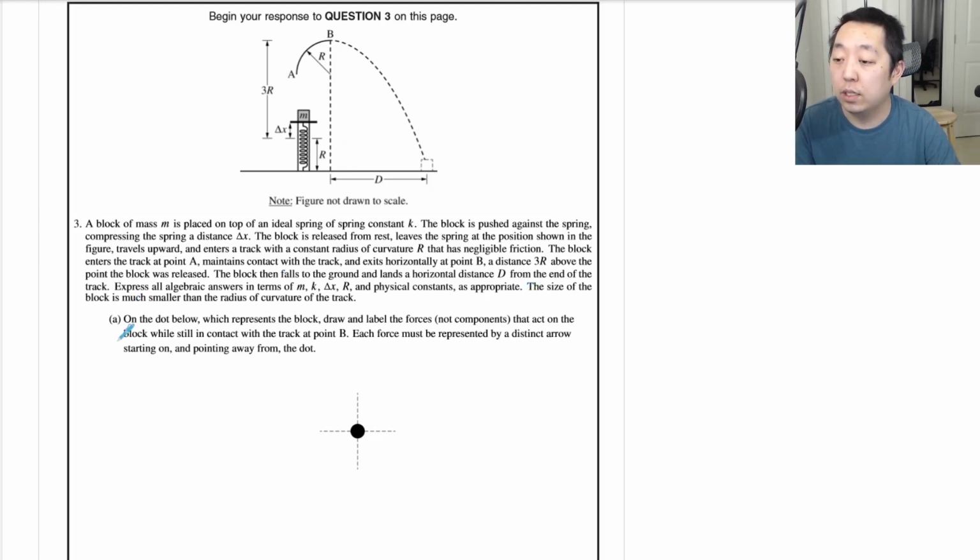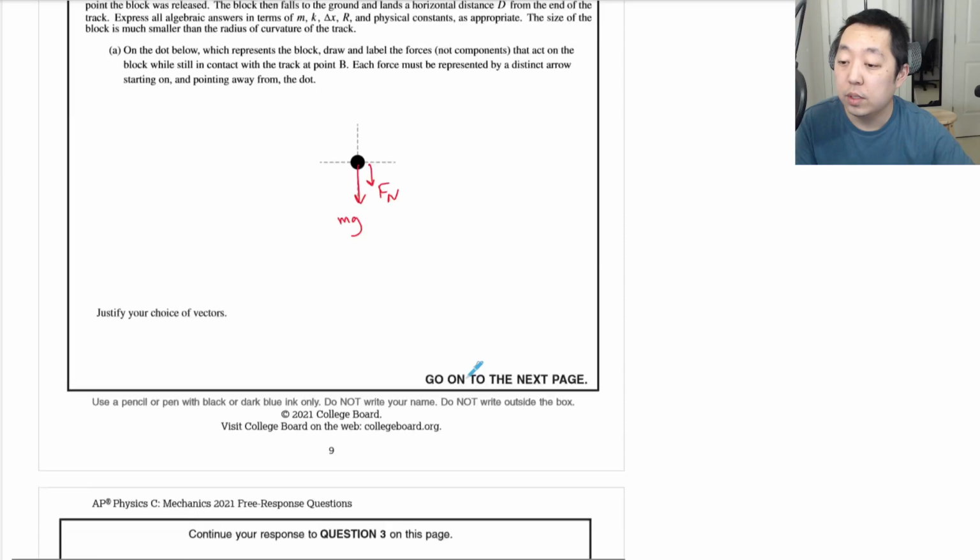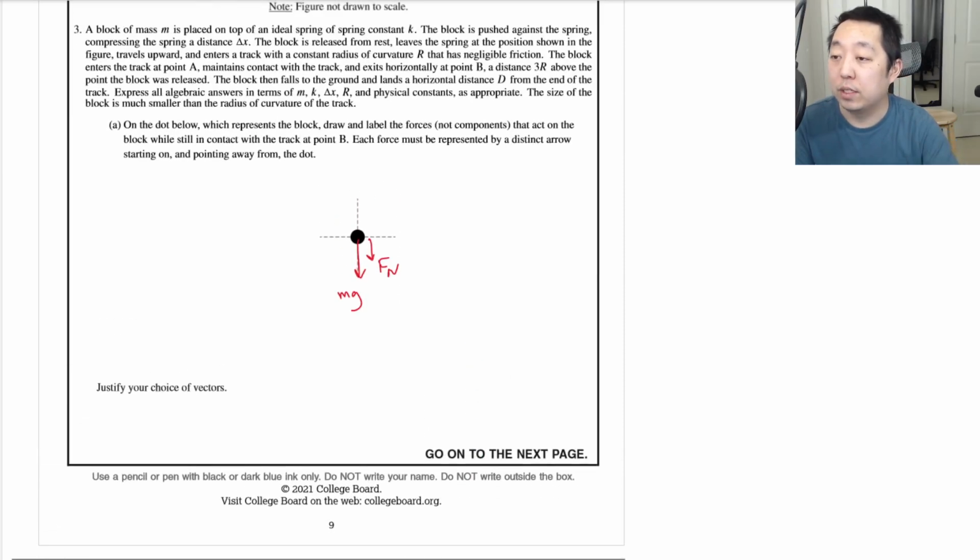Okay. On the dot, which represents the block, draw and label the forces that act on the block while still in contact with the track at point B. Each force must be represented with a distinct arrow starting on and pointing away from the dot. So point B is up here. He's got gravity going down, and the track is above him, pushing downward. That's the normal force pushing down. Okay. Justify your choice of vectors.